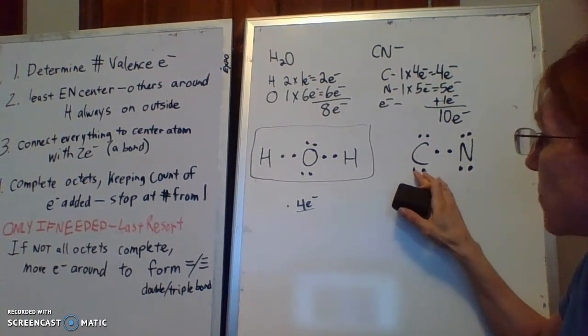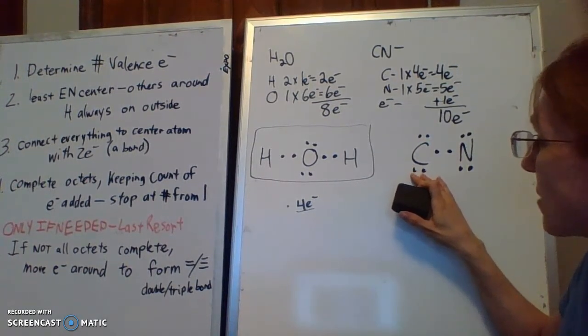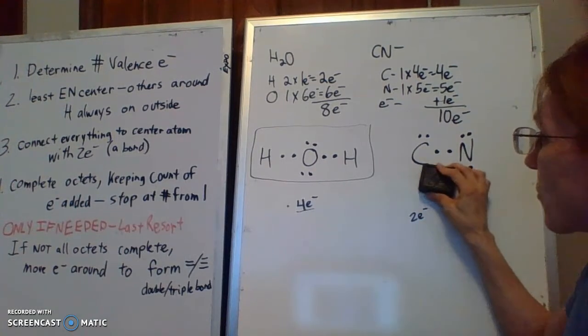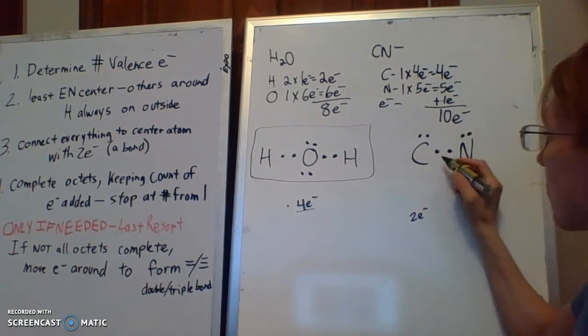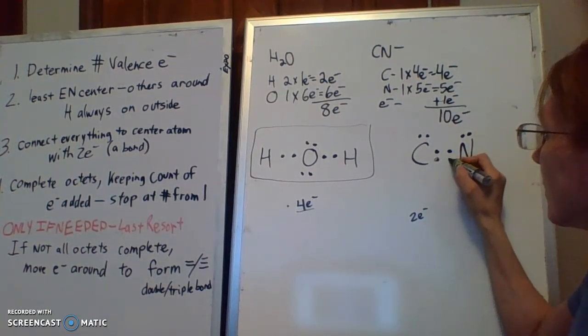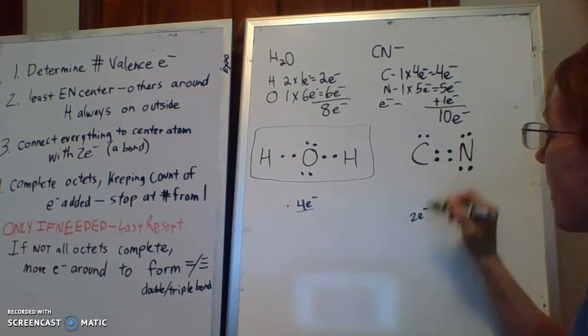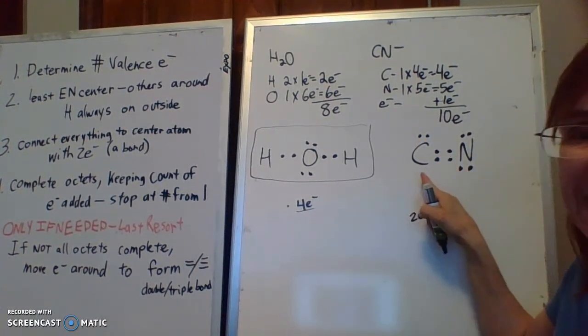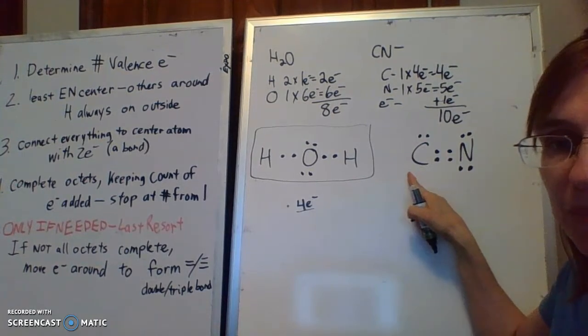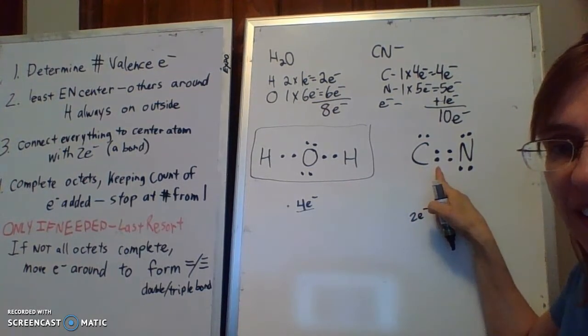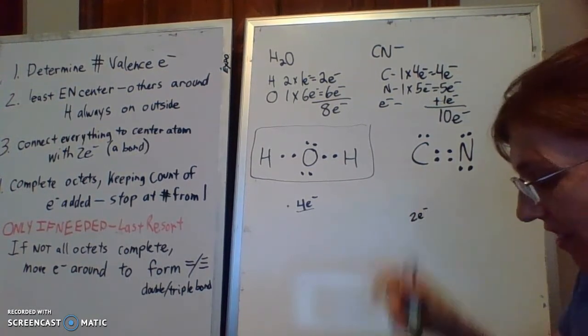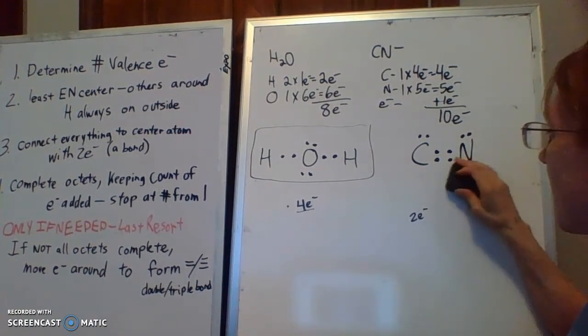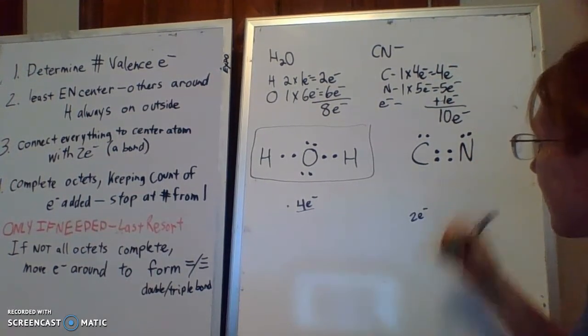So let's go ahead and put the bottom electrons here, and let's say we share those. 1, 2. Now let's look at carbon. It has 1, 2, 3, 4, 5, 6. It's still unhappy because we just moved carbon's electrons there, and it didn't get any help from nitrogen. So let's go ahead and move these guys to the center.